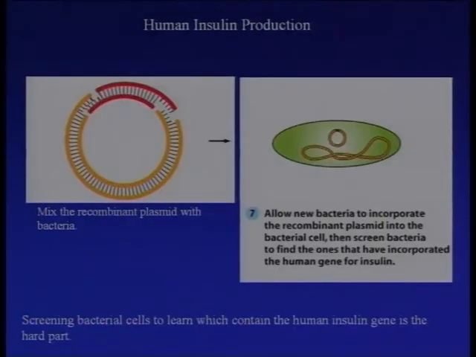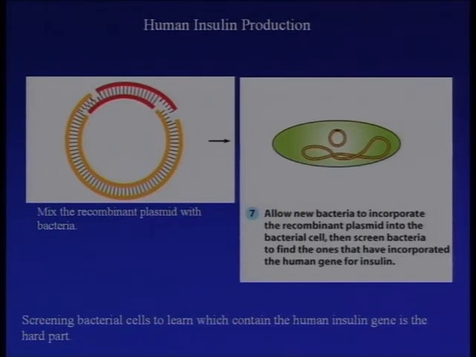Then this recombinant plasmid is inoculated into the bacterial cell, as we can see in figure 7. Here, the recombinant DNA enters the bacterial cell and undergoes replication along with the bacterial genome.